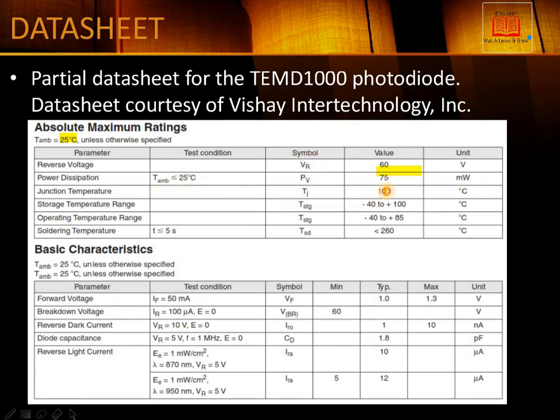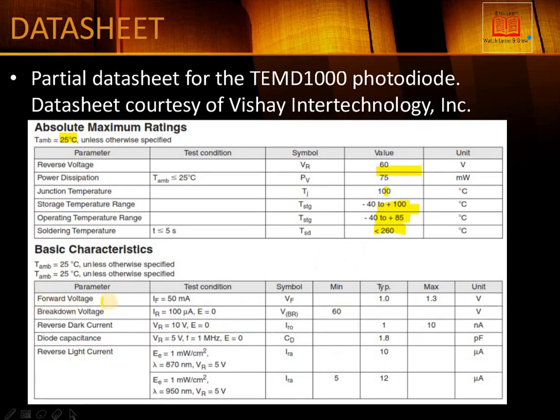And this is the 100 junction temperature, and this is the soldering temperature, and the storage temperature. But the operating temperature maximum is 85. Please note it is 85 while we are trying to operate, because above 85 its specification changes, and we cannot use it; it becomes useless material.